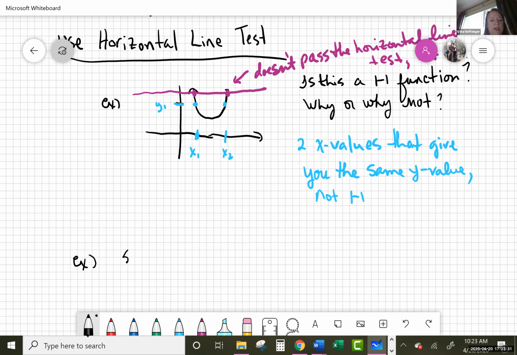You might be given a set of points and asked to determine whether each function is a one-to-one function.